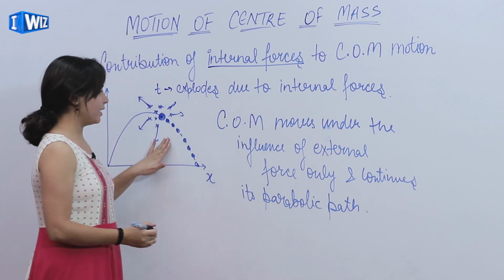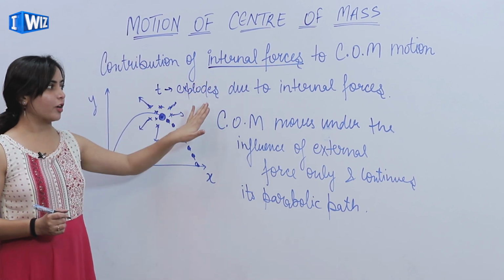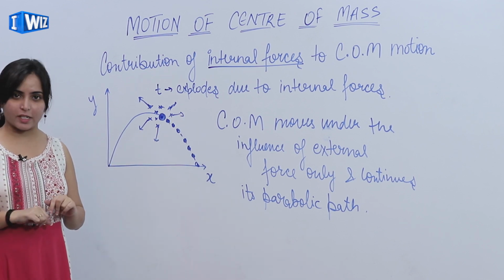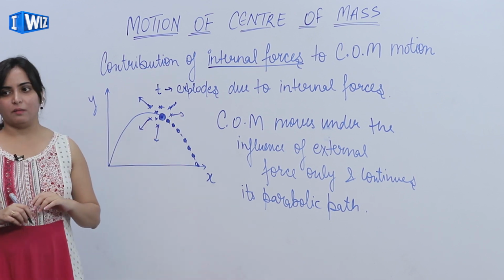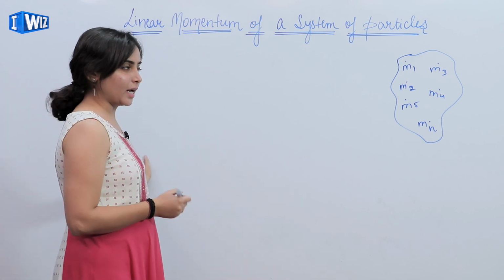So this is a live example which shows the internal forces contribute 0 to the motion of center of mass of a particle. So now we'll study linear momentum of a system of particles.